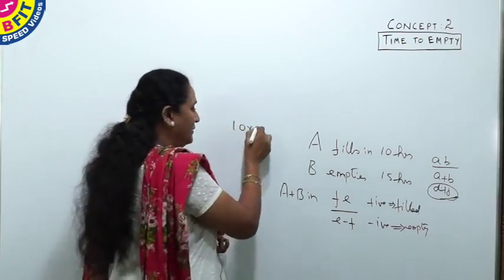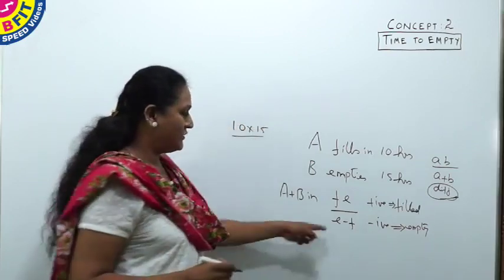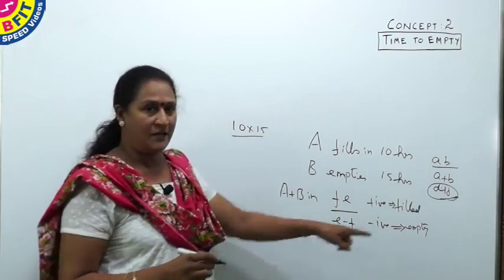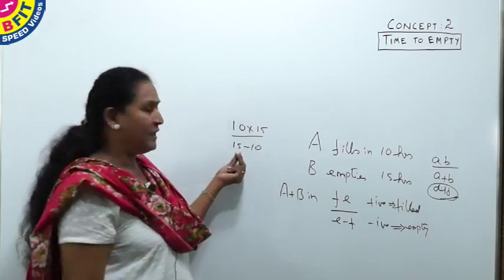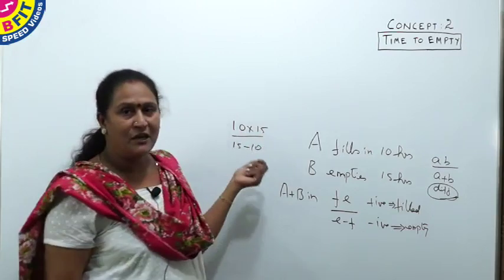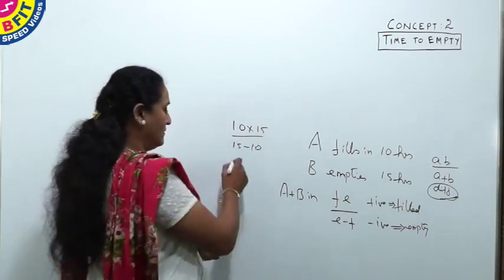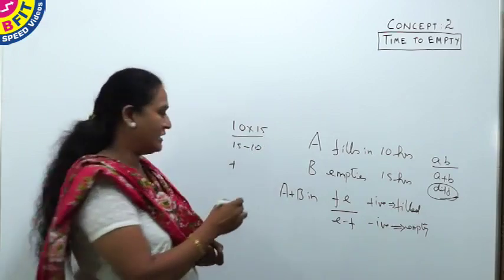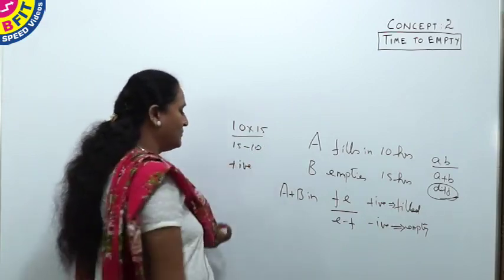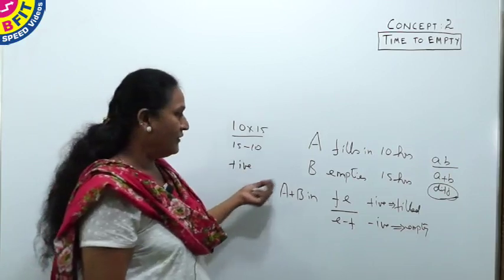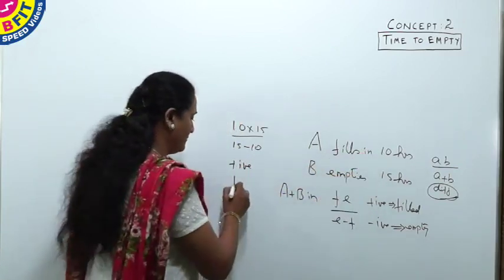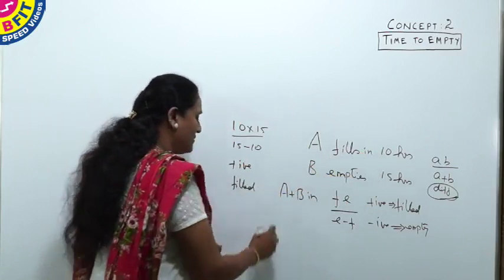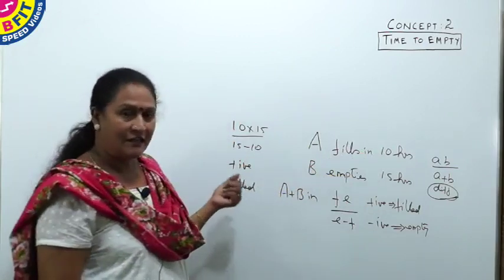What is the format? Always take emptying minus filling. When you take 15 minus 10, what will be the sign you get here? It is positive, it is plus. It means that the tank will be filled when A fills in 10 hours and B empties in 15 hours. As you get a positive sign, the tank is filled.